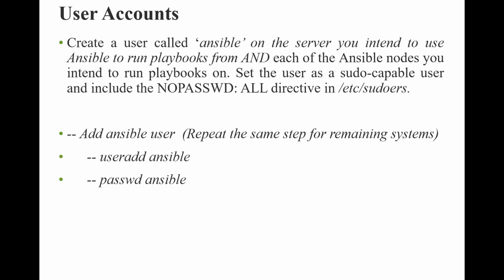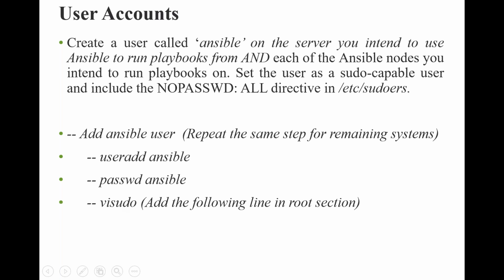With this user account, if you would like to do package installations or start and stop services, we need to have sudoers permission. If you don't have root user privileges, we cannot install the packages. So we will add this user to the sudoers file. visudo is the editor which we can use to edit the sudoers file.